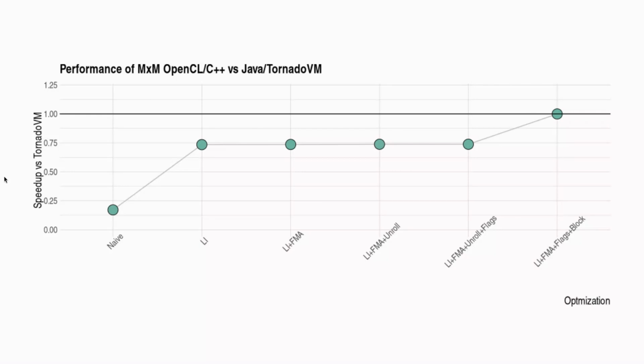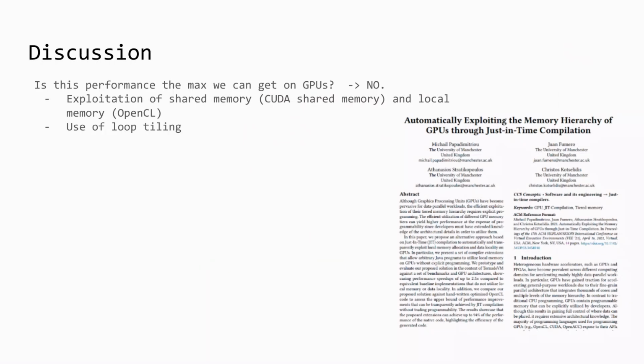Now, let's discuss more optimizations. If you know CUDA or OpenCL, and if you know the matrix multiply application, you might know that there is more to do than this. In fact, there are 2 key optimizations, apart from the ones I explained, that could be applied.